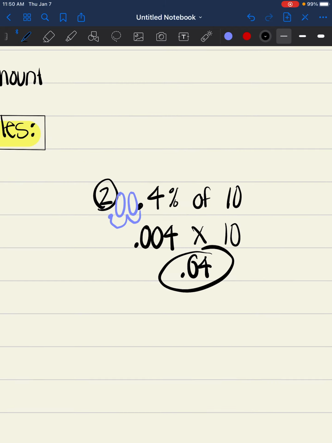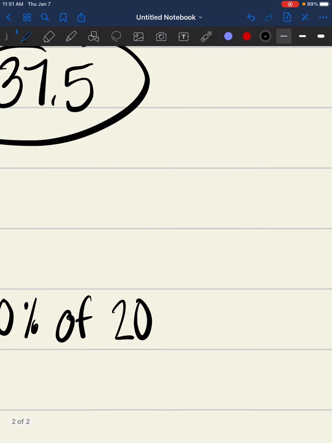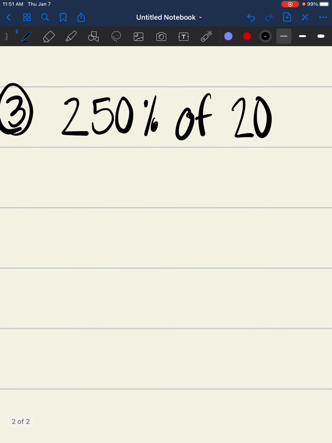Okay, one last example. We've got 250% of 20. So again, they did not give us a decimal point here. So we are going to have to do the same thing where we add it behind the number, and we are still going to move that 2 places to the left.